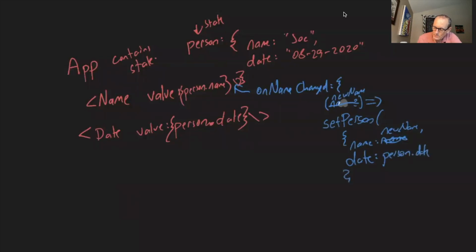Okay. So that is the function. So the curly brace closes this curly brace, the paren closes the setPerson, and we need then another curly brace. Okay. So this is an appropriate function that will change the name.